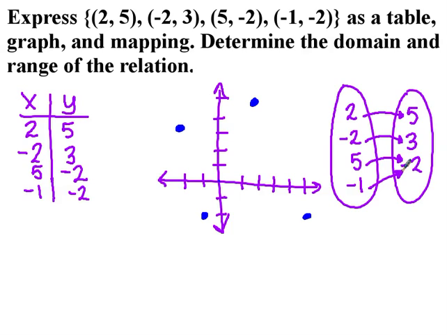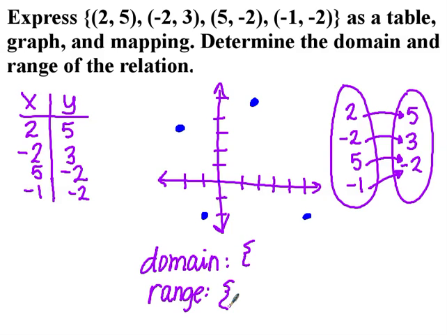Now it says determine the domain and the range of the relation. Okay, so let's focus on our domain and our range. Now if you remember on the page before, we had these little squiggles. And that's what I need you to put. Okay, because that means the set of numbers. So what is our domain going to be?